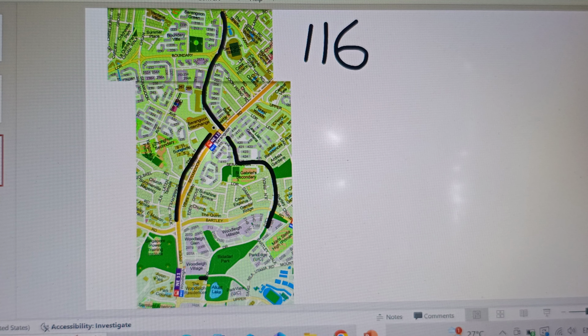During PM peak hours especially, the traffic is a lot worse in this direction as compared to this direction.